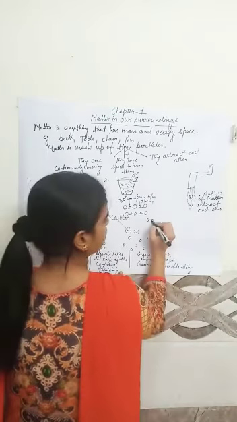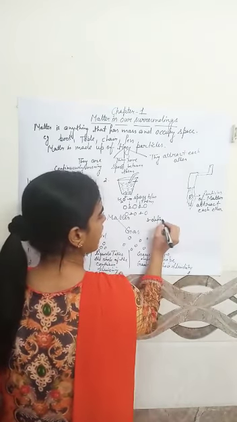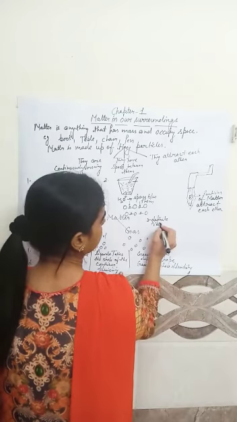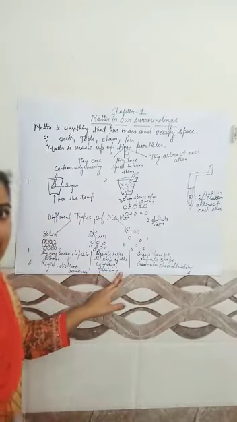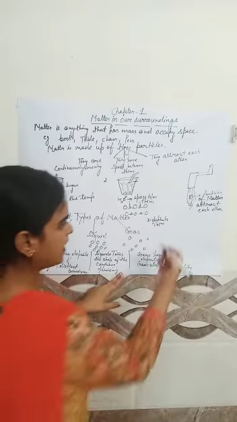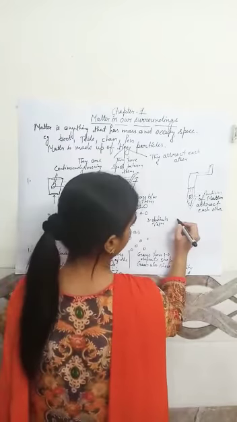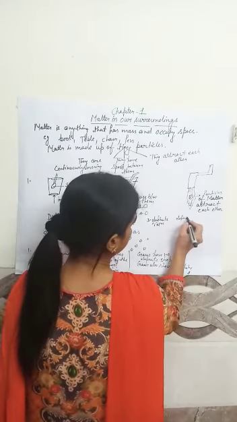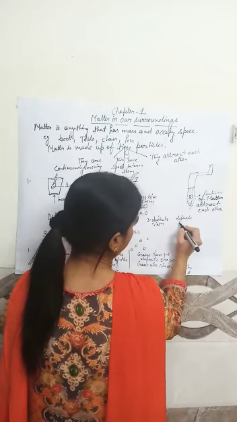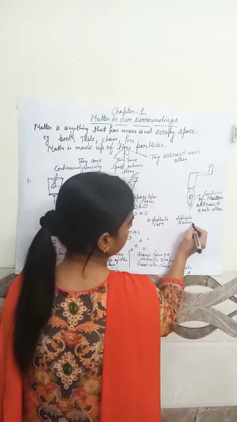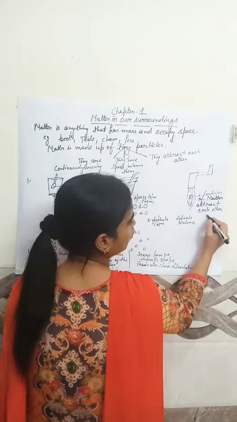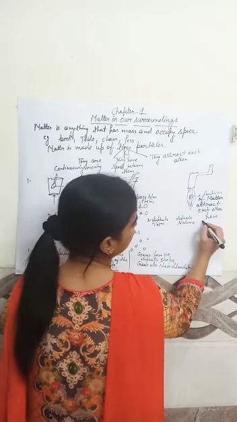Now the next, third property. Solids have definite volume. Liquids also have definite volume. Gases have no definite volume.